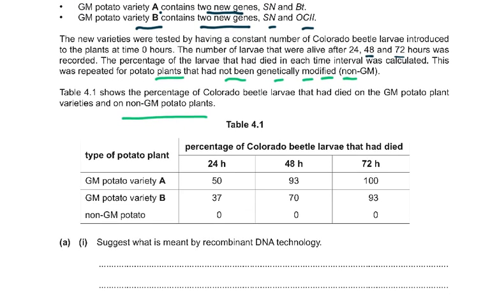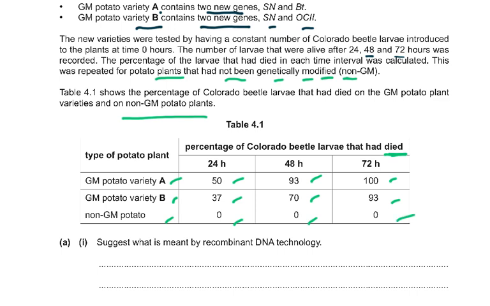We have the type of potato plant, A, B, and the non-GM. At 24 hours, 50% had died, 37% had died, and 0% had died. At 48 hours, 93% had died, 70% had died, and 0% had died. Then at 72 hours, 100% had died, 93% had died, and 0% had died for the non-GM ones.